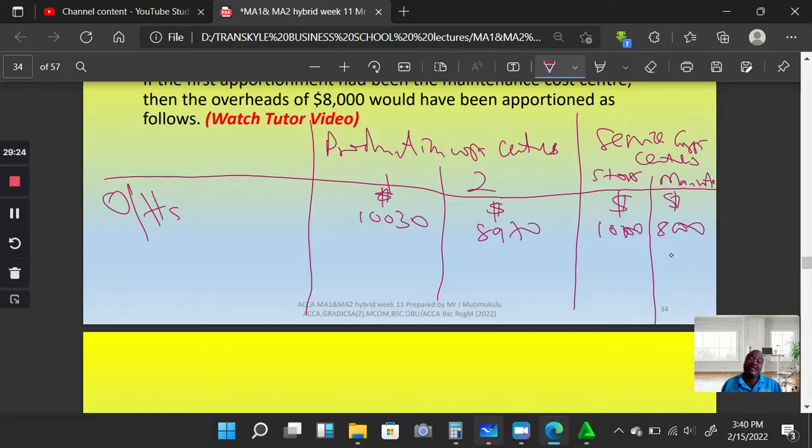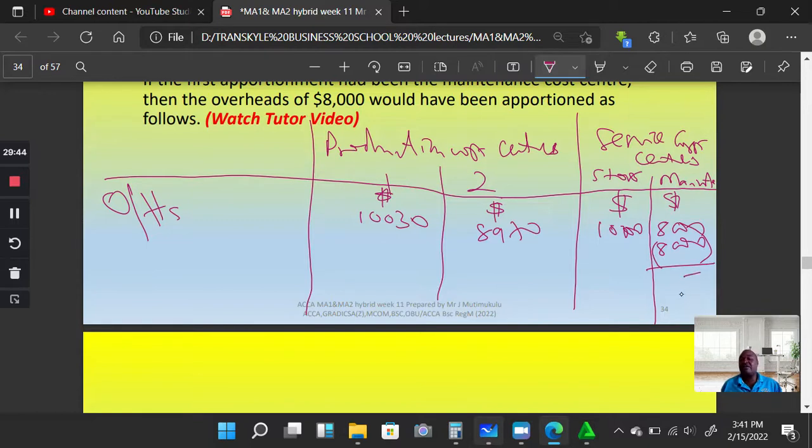And the question is saying, what if we had started this reapportionment process with the maintenance department? What was going to happen? So we just do the same thing here. We are first going to deduct 8,000.